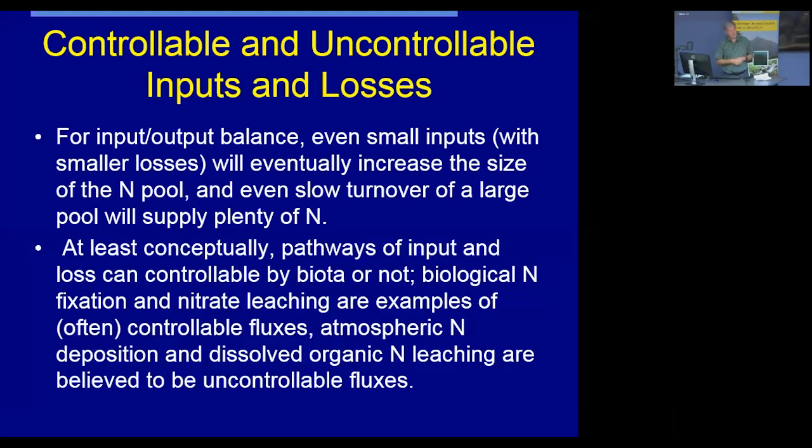Lars Hedin has done some very nice work with this, and Steve Perrock has some experimental work following through on that. And so we can think of both controllable and uncontrollable inputs and losses of nitrogen from ecosystems.